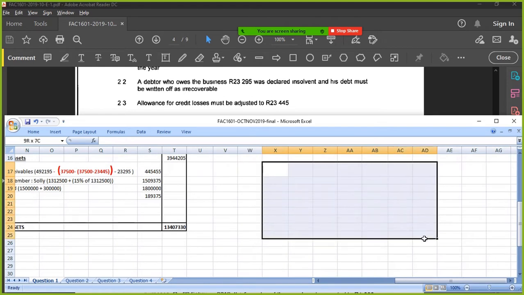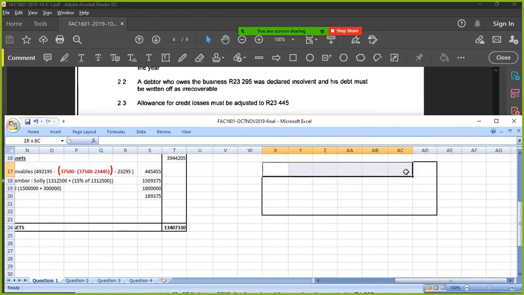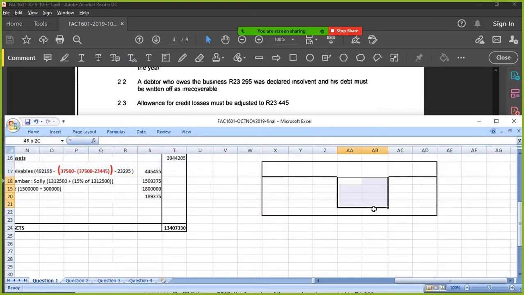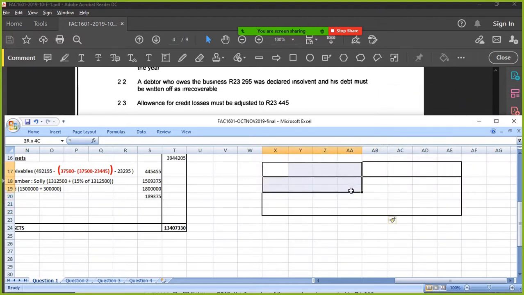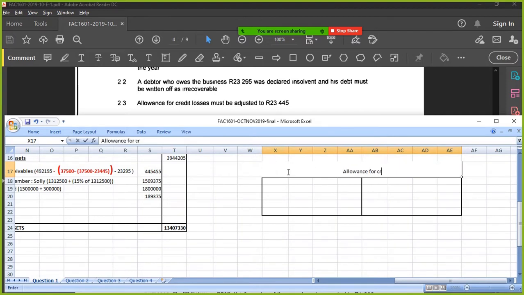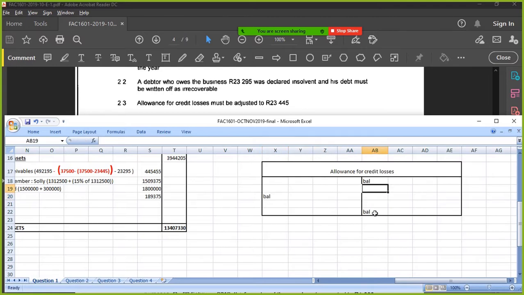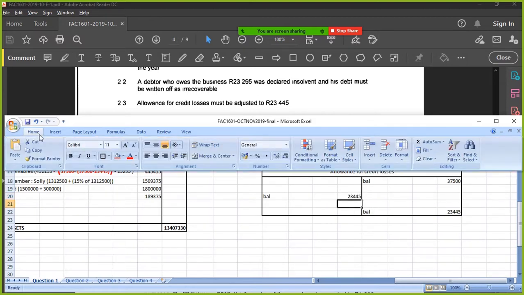Okay, so if you had trade receivables, had trade account, if you had allowances for credit losses, the balance was 37500. It should be 23445.